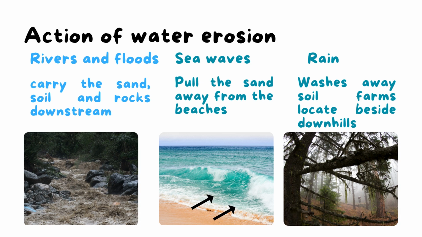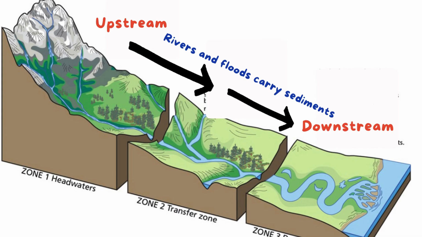Rivers and floods can carry the sand, the soil, and the rocks downstream. As you know, the rivers move from upstream to downstream, as you see here in this drawing. So rivers and floods carry sediments downstream. Okay.